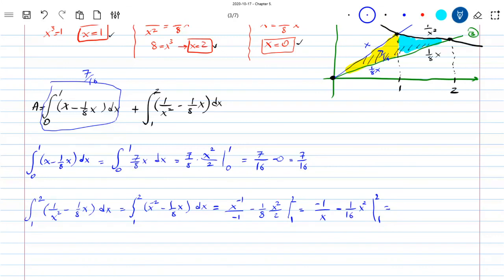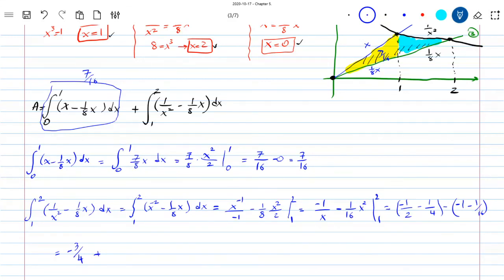Be careful with these calculations again. It's always messy to deal with these numbers. If I replace 2, what you get is negative 1 over 2 minus 2 squared, which is 4, times 1 over 16, which is 1 over 4. This is if we replace 2. If we replace 1, you get minus 1 over 16. So these numbers add up to negative 1/2 minus 1/4, which is negative 3 over 4, minus negative 1 minus 1 over 16, which is minus 17 over 16.